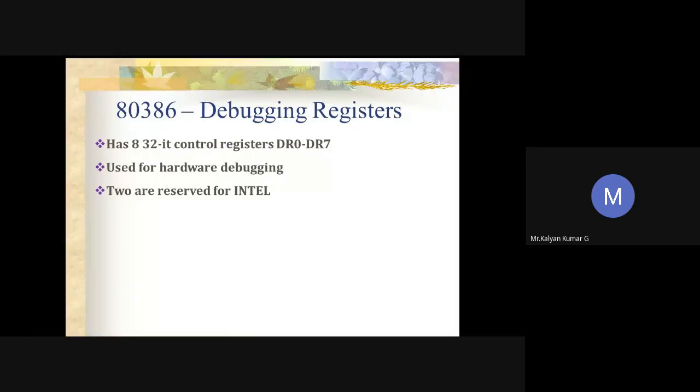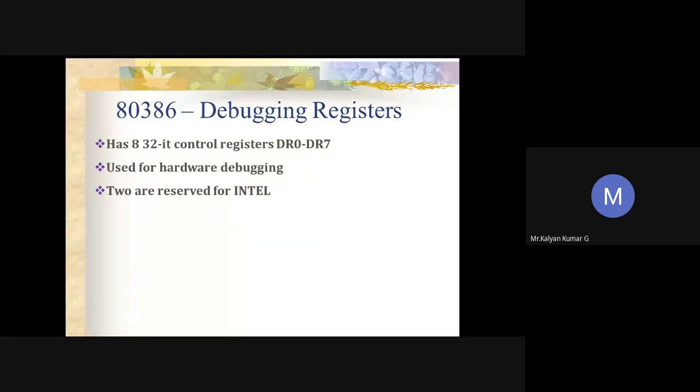Of the six, the first four registers DR0 to DR3 are used to store the four program control breakpoint addresses. DR4 and DR5, as I said previously, are reserved by Intel. And the remaining DR6 and DR7 are used to hold the breakpoint control and breakpoint status information respectively. We'll see later what breakpoint control and status are.